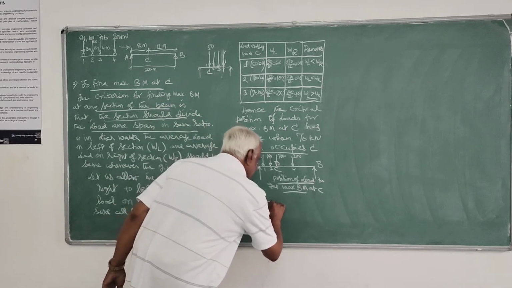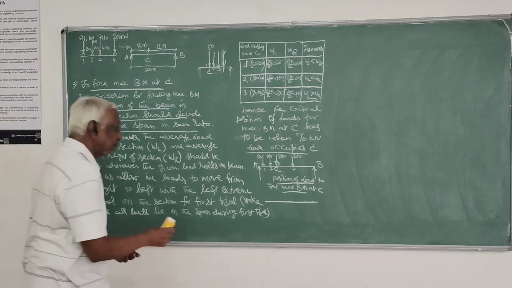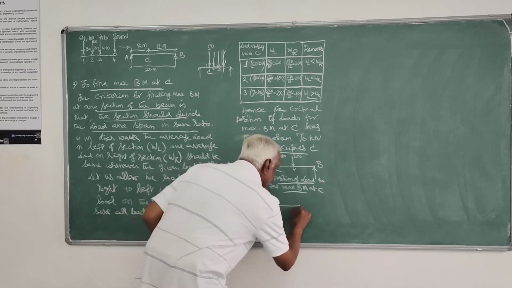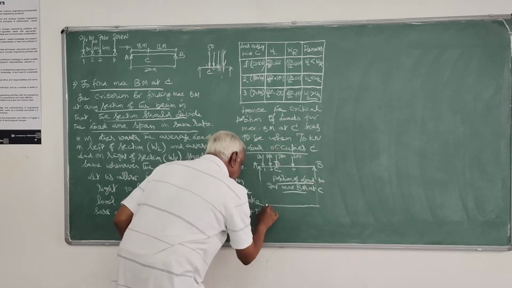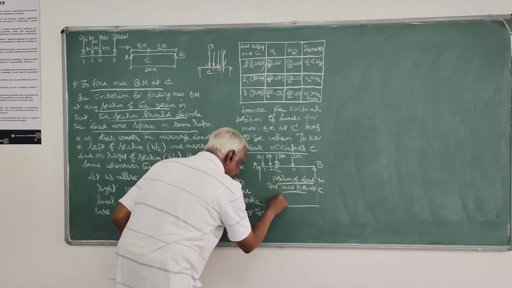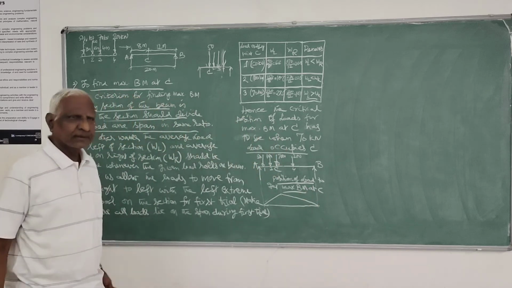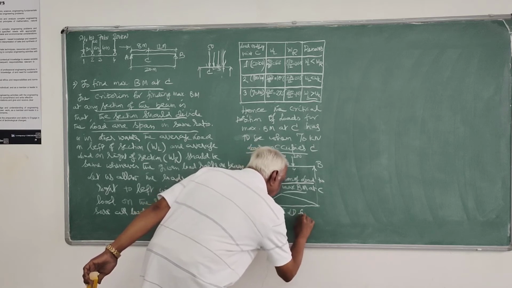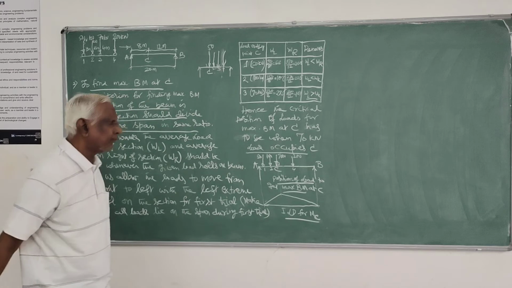So now the influence line diagram for bending moment will look like this. It is a triangle having the maximum ordinate at the point under consideration. This is the ILD for MC, that is maximum bending moment.